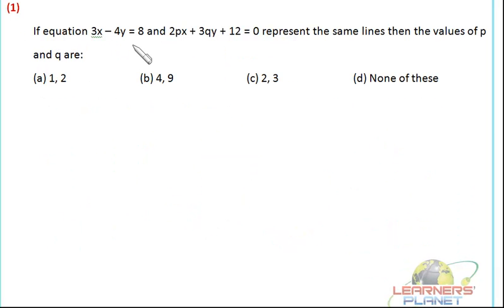If the equations 3x minus 4y is equal to 8 and 2px plus 3qy plus 12 represent the same line, then the values of p and q are? See, this concept you might have learned in your junior classes under the topic linear equations, right? If two lines represent the same line, that means the lines are coinciding. In that case, a1 by a2, that is the coefficient of x, is equal to b1 by b2, the coefficient of y, is equal to c1 by c2, that is the constant term, right?